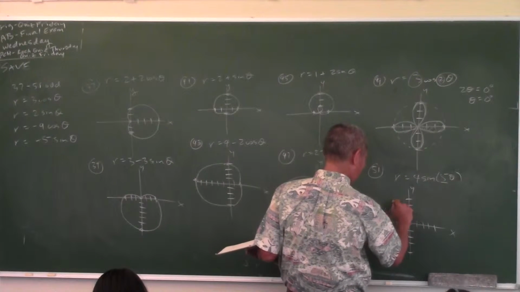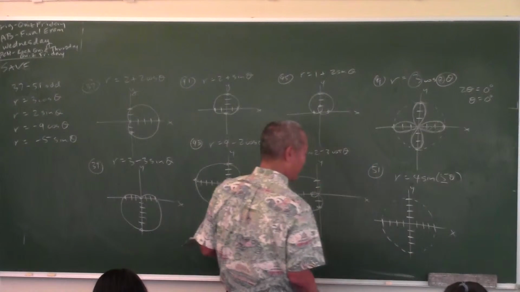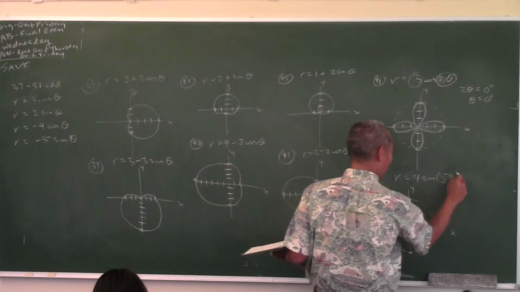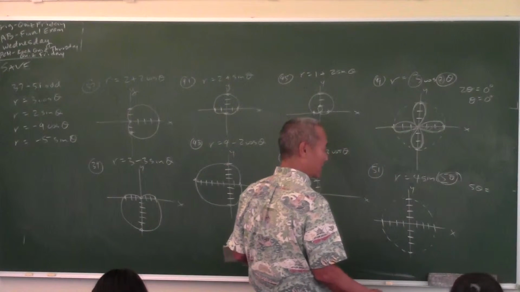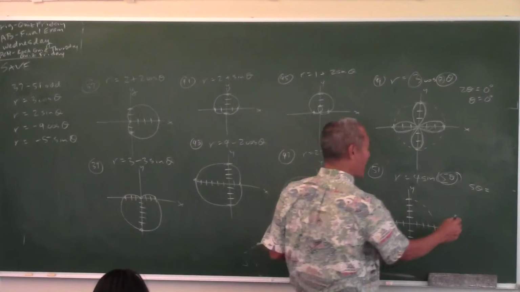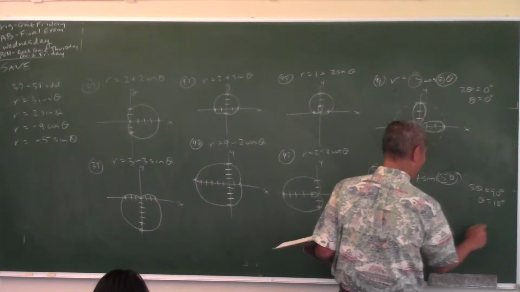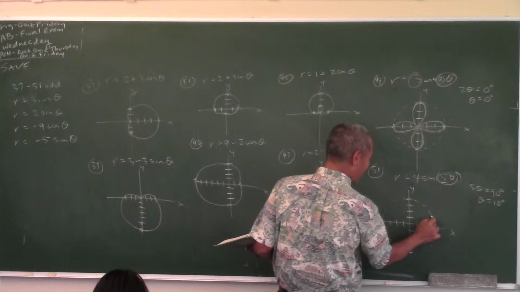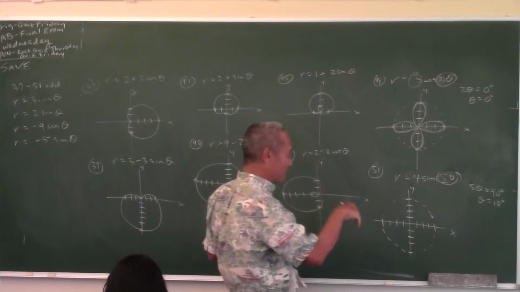Okay, now when you have a sine rose curve, you have to set this thing equal to 0 or 90? 90 degrees. Divide by 5, theta is 18 degrees. So at 18 degrees, you're going to have the first petal. And then you're going to have 5 petals all equally spaced apart.